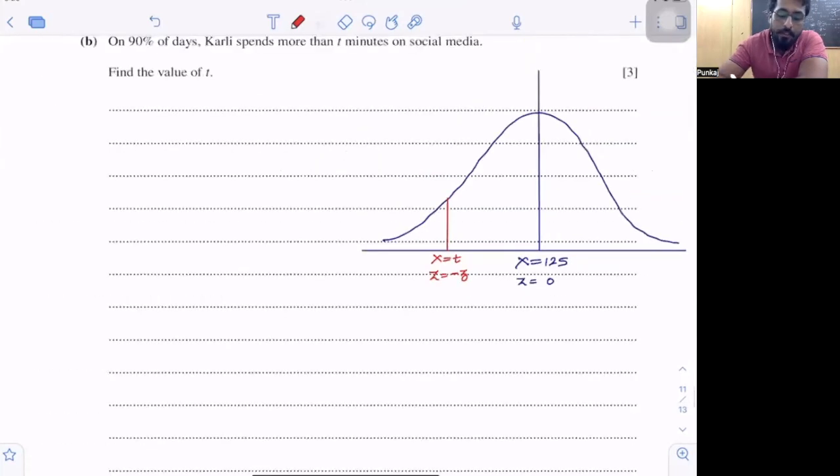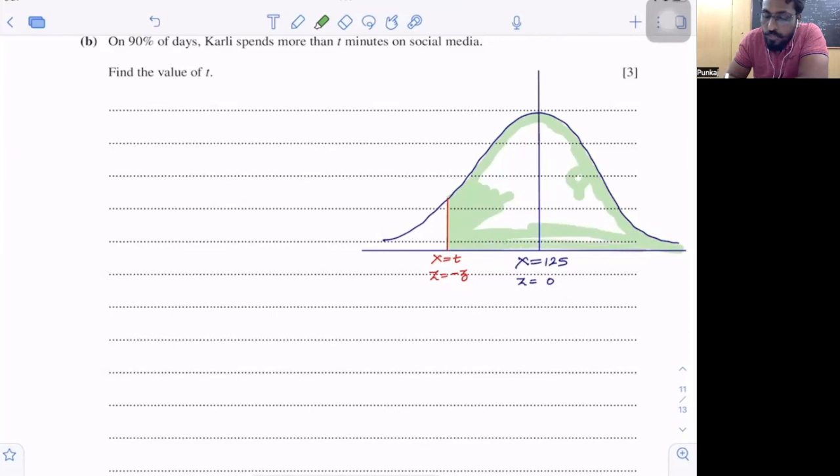And the region after this value, because I want to find x greater than t, right? So after this value, x is going to be greater than t. Let me be very careful with the boundaries. In the exam, you need not do all this stuff.